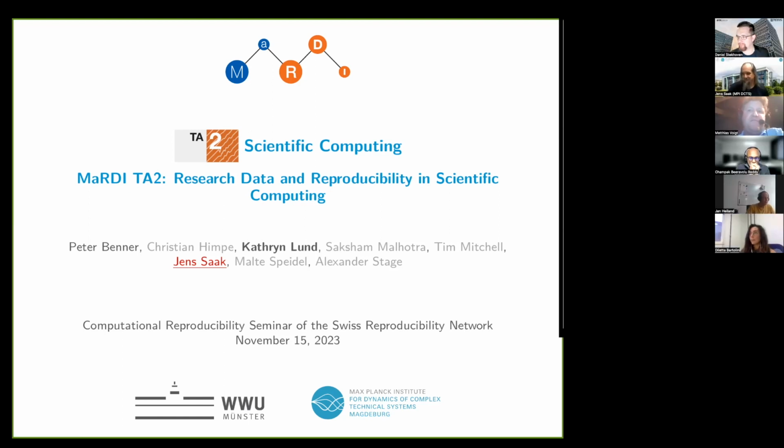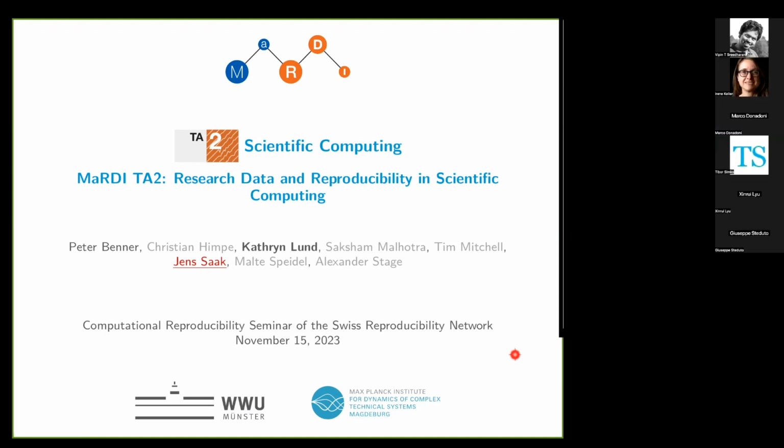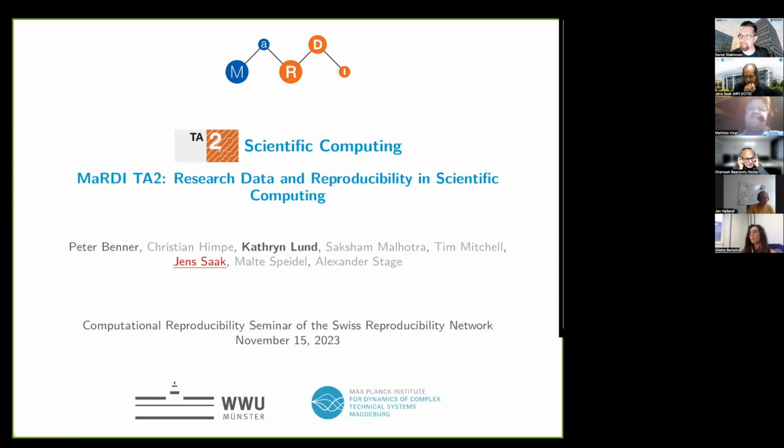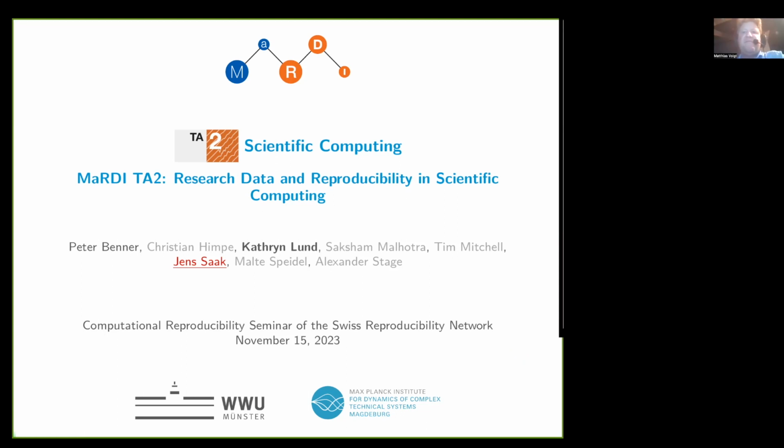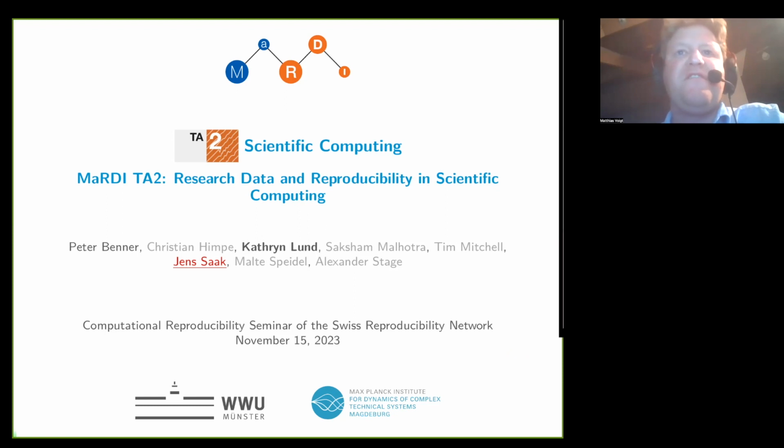Jens studied industrial mathematics in Bremen and did a PhD at the Technical University of Chemnitz in 2009, if I'm correct. Since then, he is a research scientist and also a technical associate at the Max Planck Institute for the Dynamics of Complex Technical Systems in Magdeburg. One of his research foci is the development of software, in particular for model order reduction and scientific computing in general.